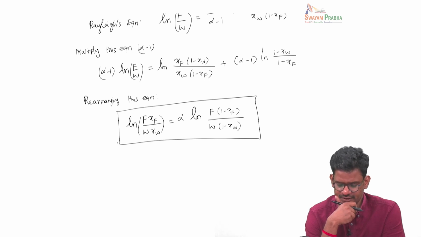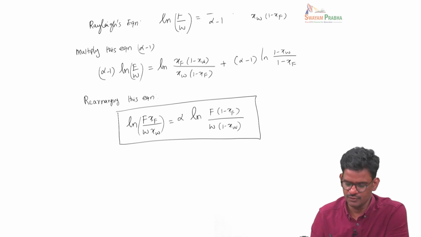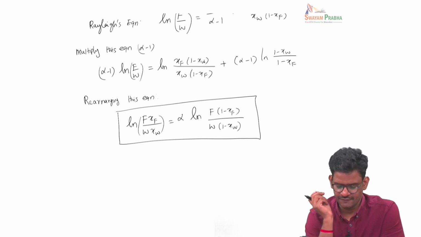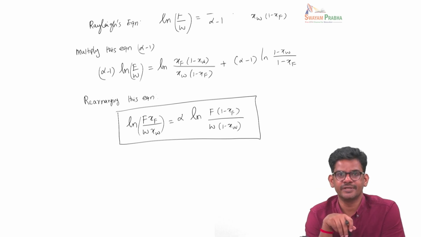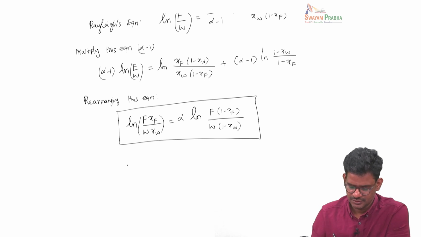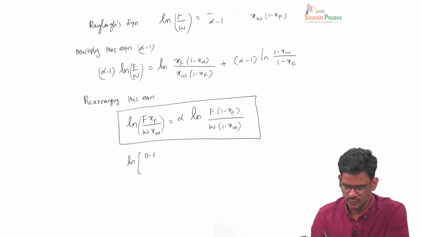And the reason why we wrote it this way is that we know this F XF and W XW in the problem, it is given. So, F times XF is 0.1 and W times XW is 0.01.